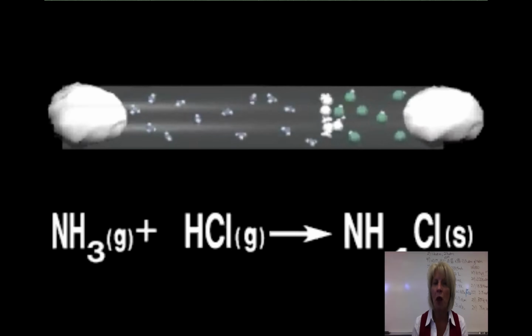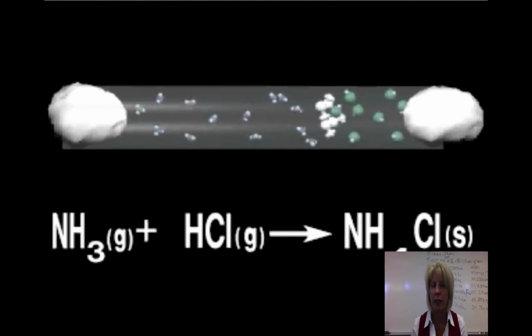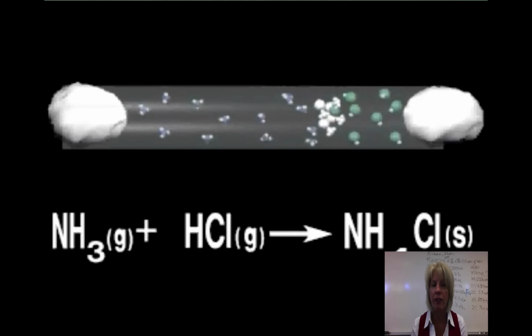So from this experiment, on the left side is the ammonia. Let's think about it. Ammonia has a weight of 17 grams per mole. Hydrogen chloride, which is on the right side, has a mass of 36.5.